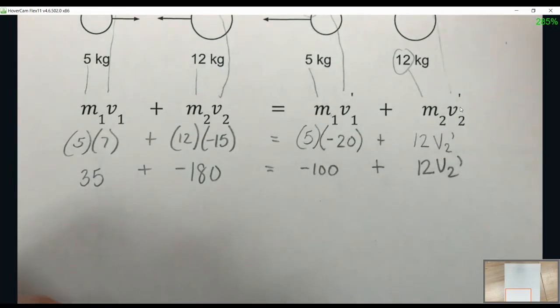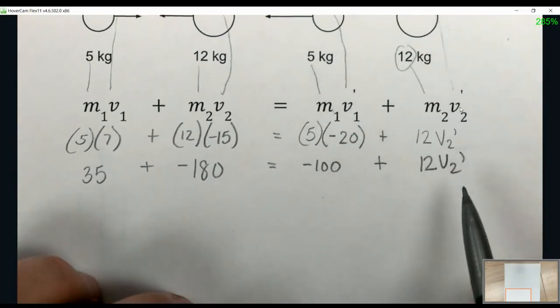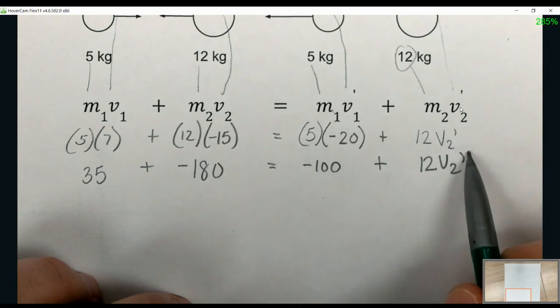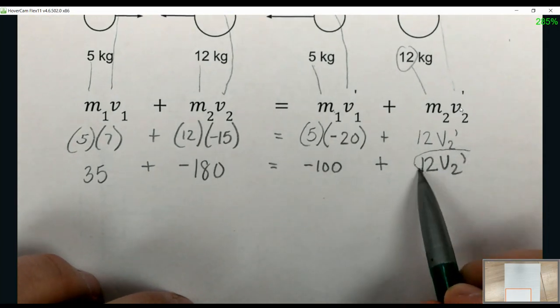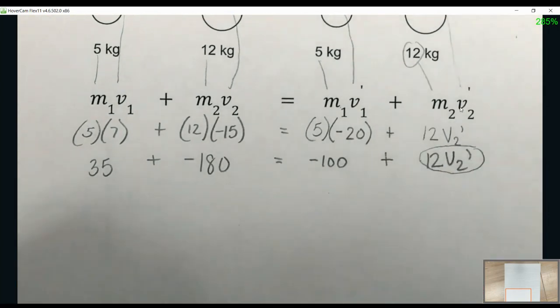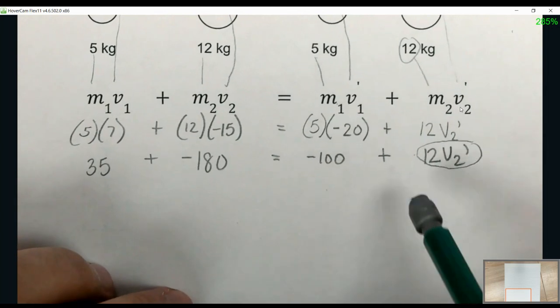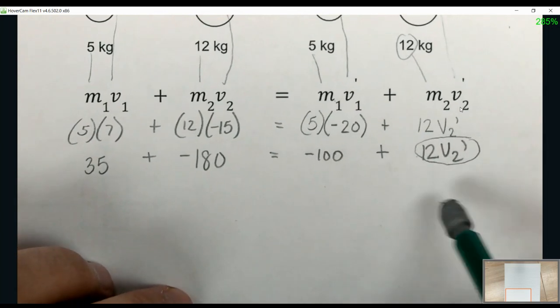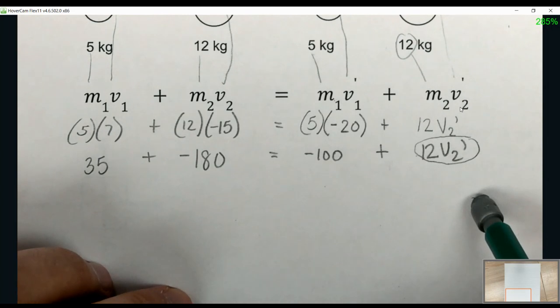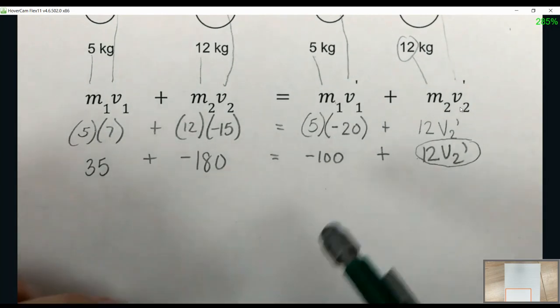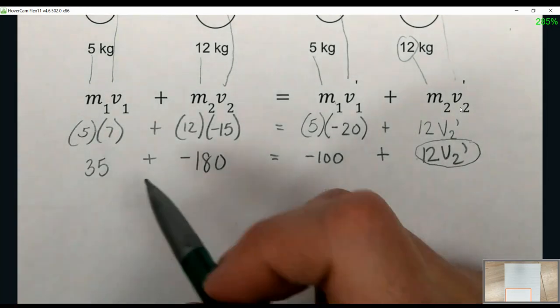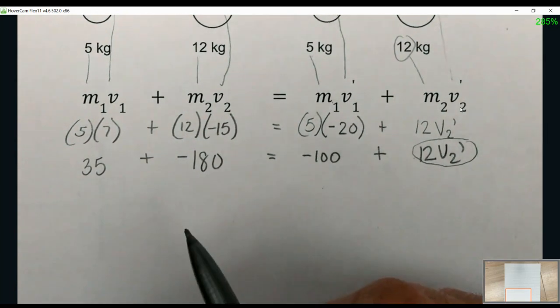When we were doing this, I saw this happen a bunch. If you need to circle this till the very end, do so. These are together. You can't add or subtract this 12. It has to be divided to get V2 by itself. I had people in the past do this when we're simplifying. 35 plus a negative 180.